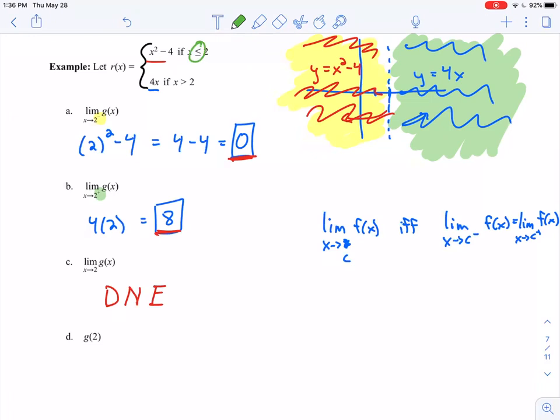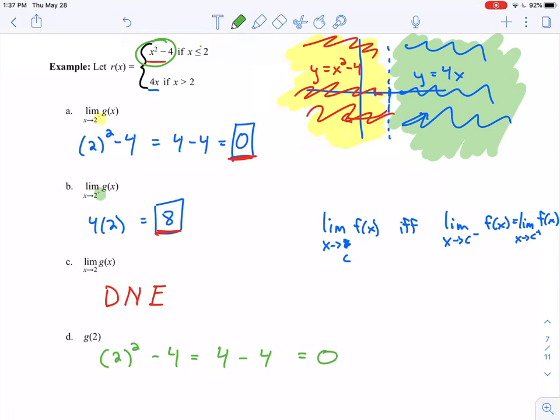And that's when I'm going to be looking for that less than or equal to, or greater than or equal to. Really, it's the or equal to part that I am interested in. So here I'm going to take 2, and plug it into this part of my function, x squared minus 4. We've already done that work, but just to be sure, 2 squared minus 4 gives me 4 minus 4, which is equal to 0.